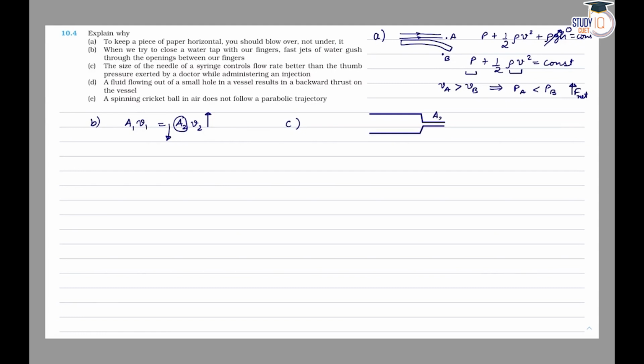Let us say this is area A2 and this is A1, then A1 is much more than A2, and this is the point at which we are going to exert the force. So let us suppose the pressure provided over here is Pt and the surrounding pressure is a constant, that is P0.